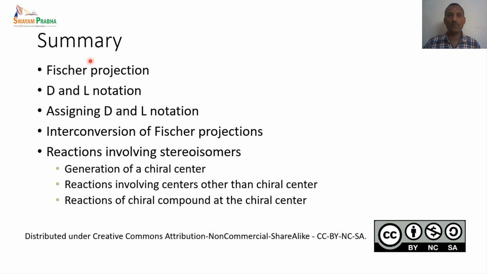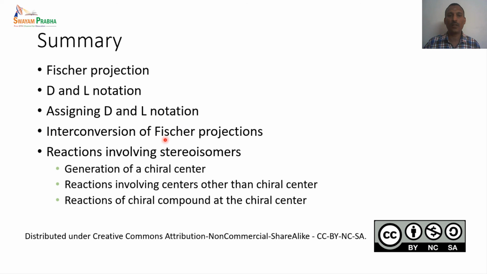In summary, let us recap what we have studied so far. We have studied about Fischer projection, how the idea of projection started with Fischer, and then what the D and L notations are, that is capital D and capital L. The standard compounds used were D-glyceraldehyde and L-glyceraldehyde, and how to assign DL notation to various carbohydrates.